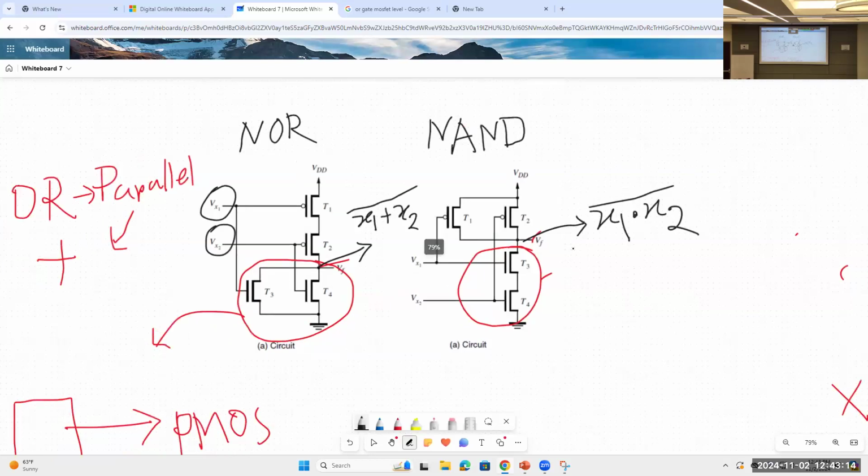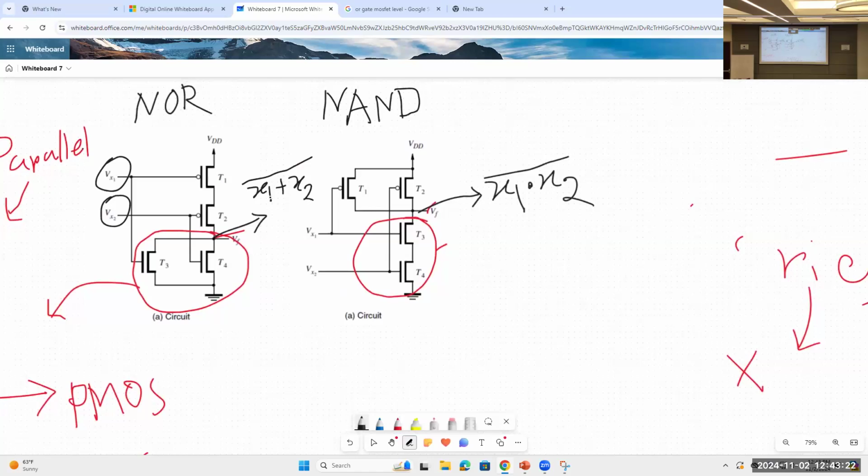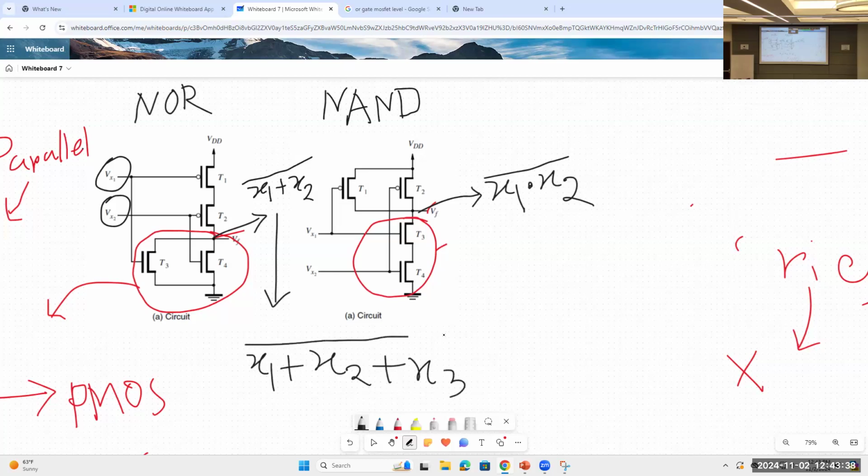From this idea, I think you can do it. If this circuit is implementing (x1 + x2) bar, but we want to make (x1 + x2 + x3) bar, is it possible?